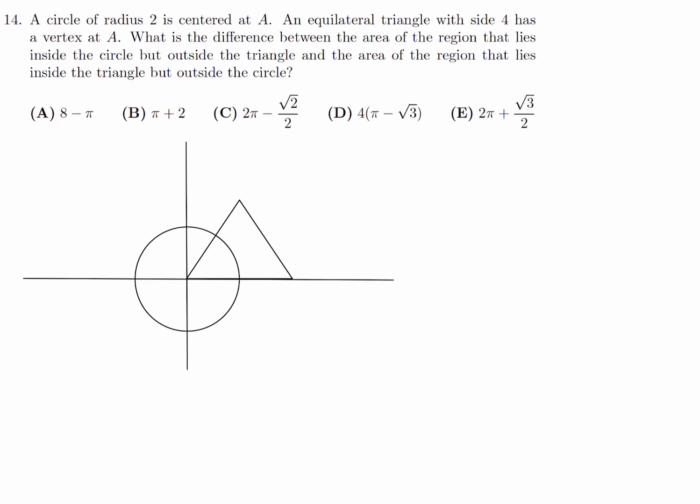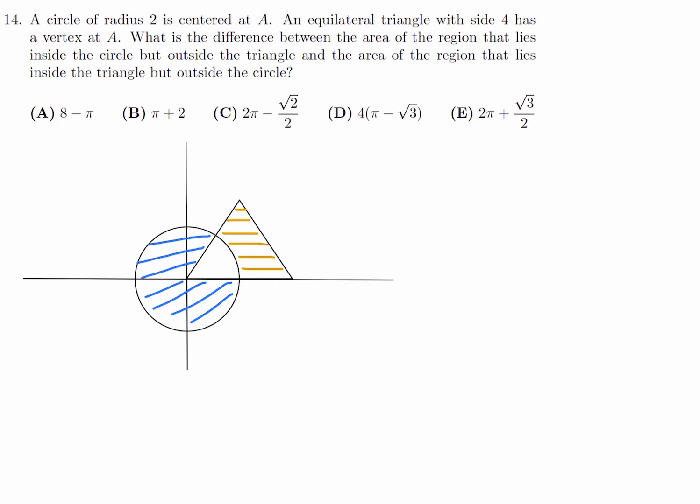They want the difference between the area of the region that lies inside the circle but outside the triangle. So that is going to be this region right here in blue, right? Inside the circle but outside the triangle. Then they want you to subtract from that the area of the region that lies inside the triangle but outside the circle. Inside the triangle but outside the circle, I believe would be that region right there.